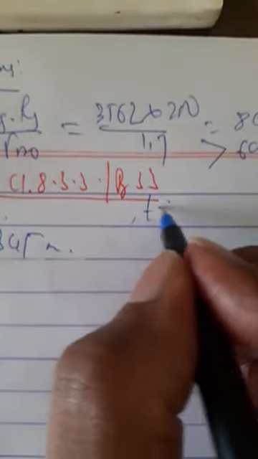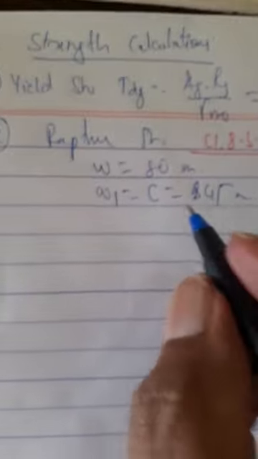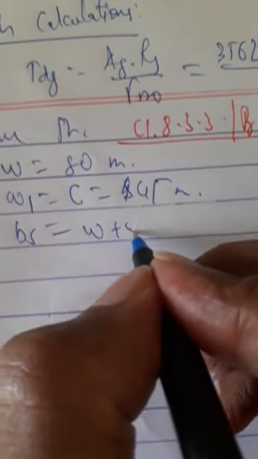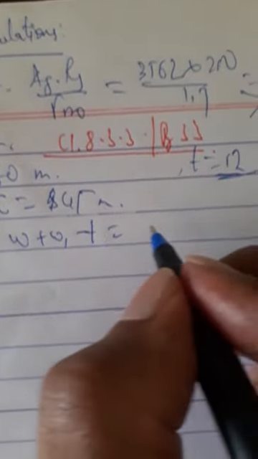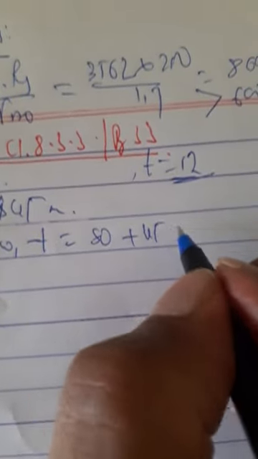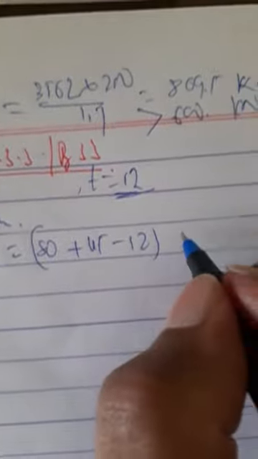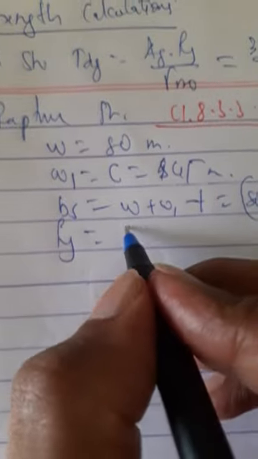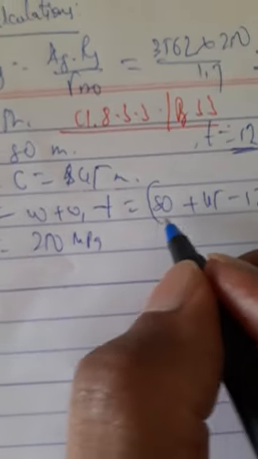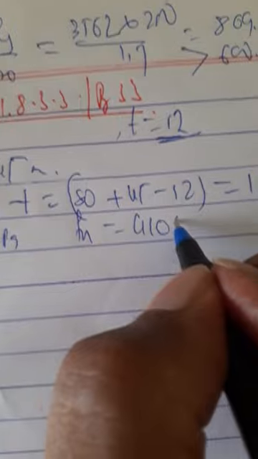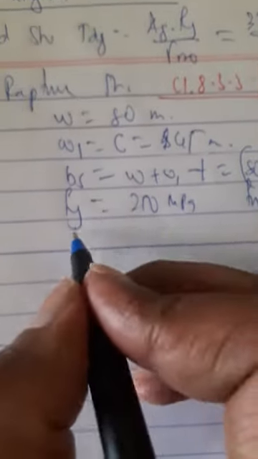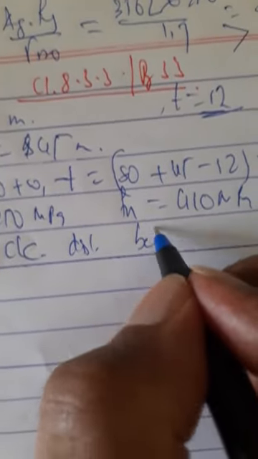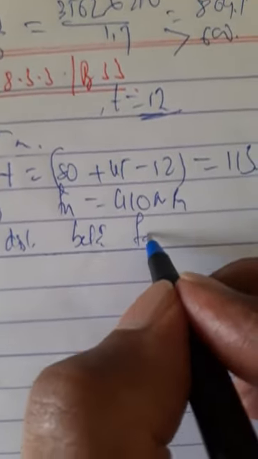Then thickness t is 12 mm. Bs equation is given in the code. Bs is equal to w plus w1 minus t. So that is 80 plus 45 minus 12. So this gives the value 113. Fy, yield stress, 250 MPa. Fu, ultimate stress, 410 MPa. Lc, center to center distance between farthest bolts.